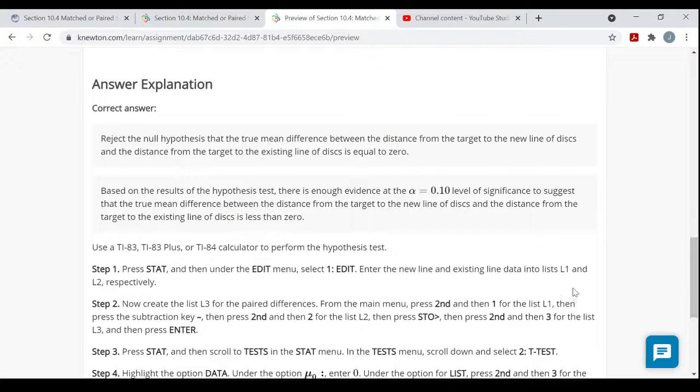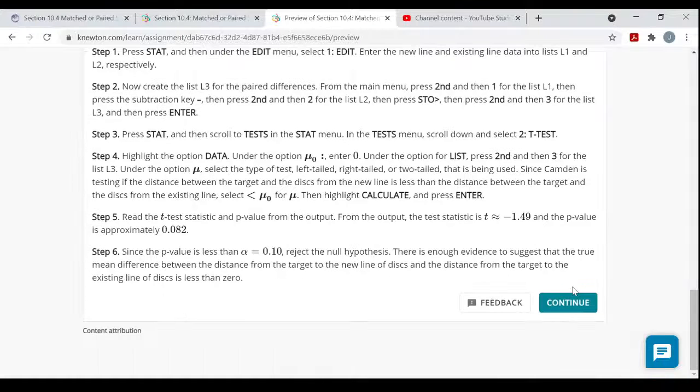And you've got to pay attention to whether you have a left-tailed, right-tailed, or two-tailed test. After you enter all that, it'll give you the p-value. And then you just compare the p-value to alpha, decide whether or not to reject the null hypothesis, and then state your conclusion.